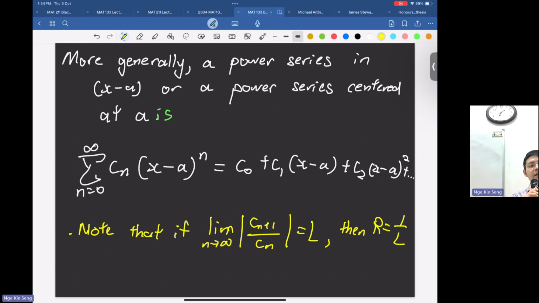Can you understand this segment here? The limit here has no more x inside, only the coefficients. But it tells you that if you compute the ratio of the coefficients, 1 over L is the radius. Do you believe this?